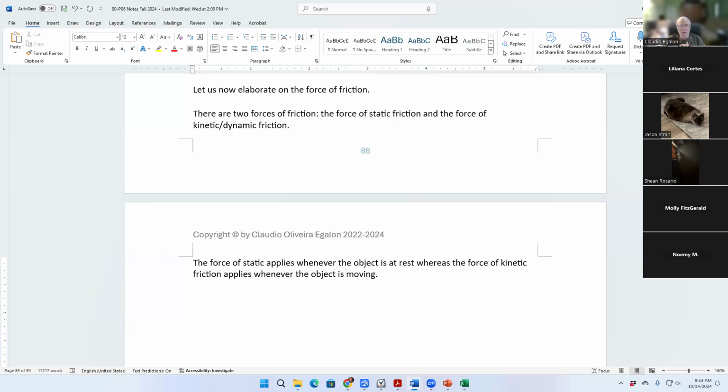If the object is moving with constant velocity, you have the force of kinetic friction. If the object is moving with acceleration, you still have the force of kinetic friction, okay?